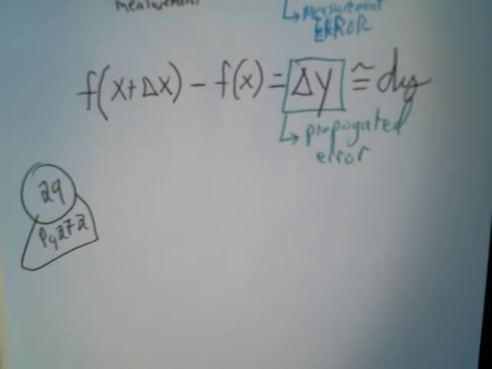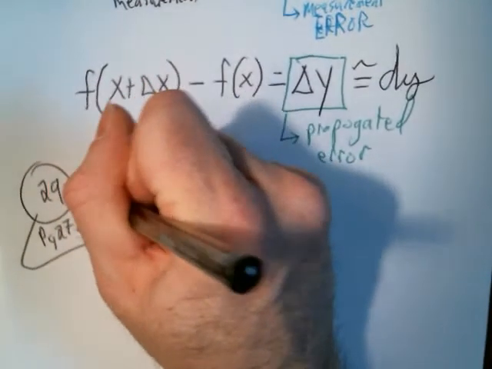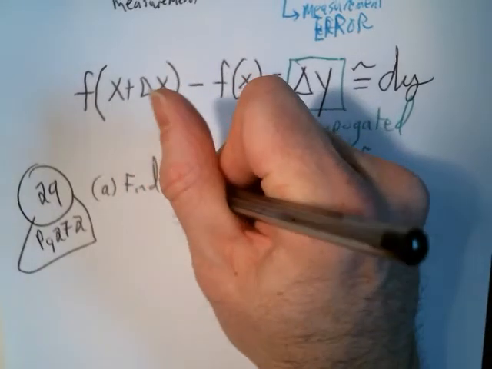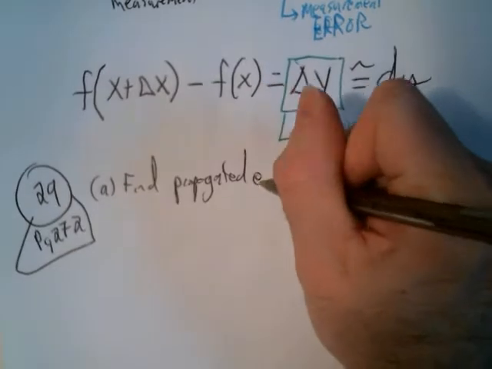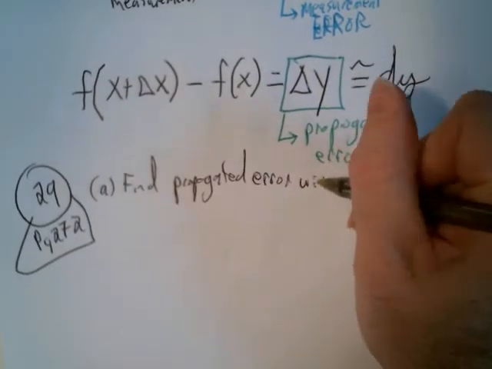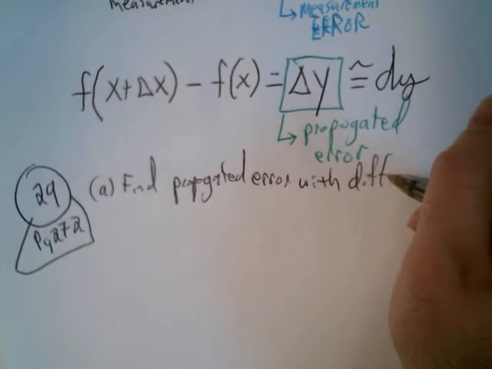Number 29, the measurement of the side of a square floor tile is 10 inches with a possible error of 1/32 of an inch. Use differentials to approximate the possible propagated error in computing the area of the square. Okie dokie. So part A, find the propagated error with the differential.